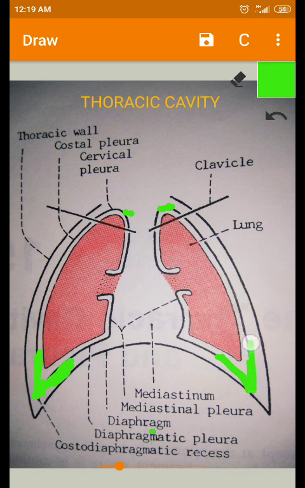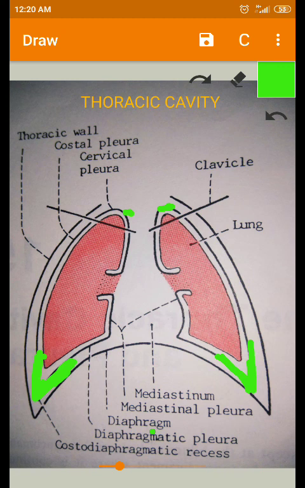One is called the costodiaphragmatic recess, and the other the costomediastinal recess. The costodiaphragmatic fold is present near the diaphragm. The mediastinal recess we can't see here; we can see it very clearly in the transverse section, since this is the coronal section.